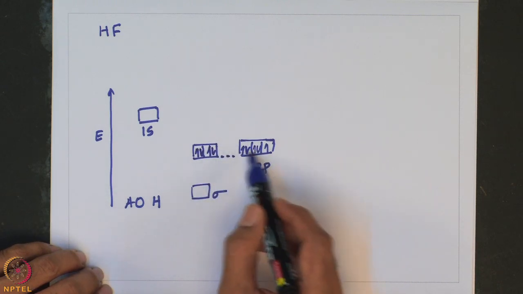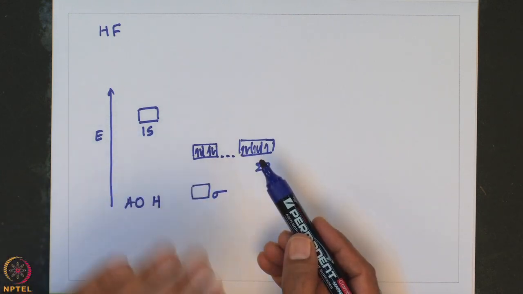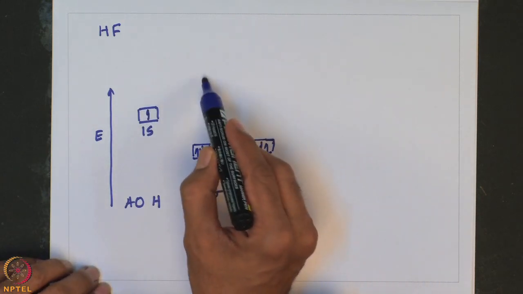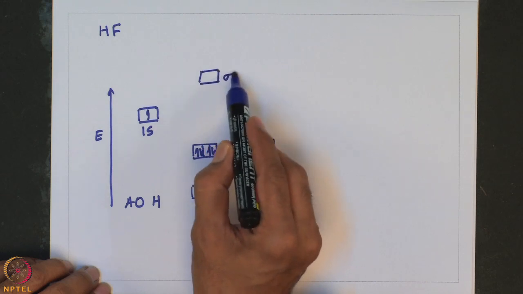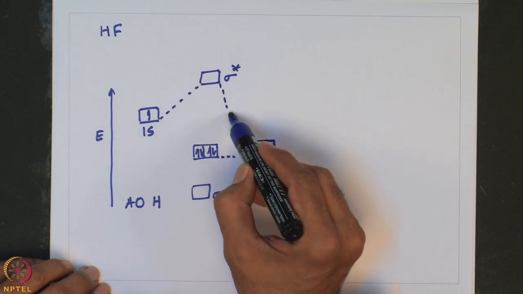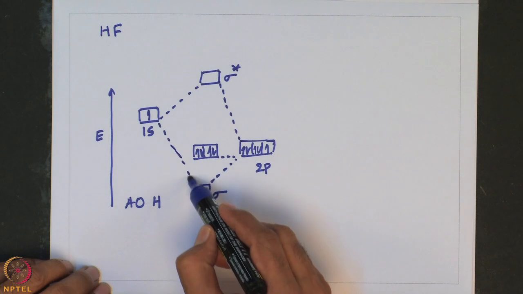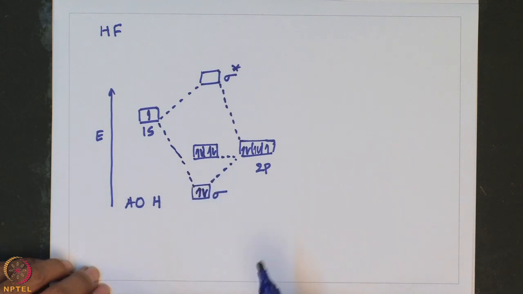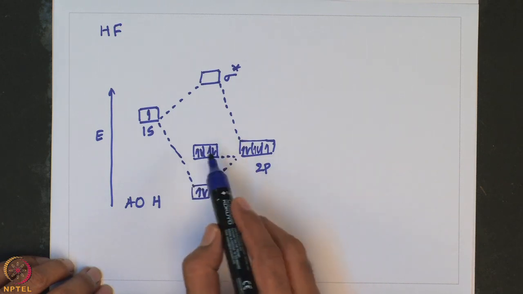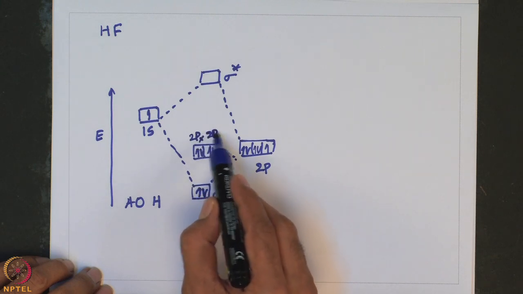That is the reason there is no net change in the energy compared to the free fluorine atom. And then here we have sigma star. So, here 2 electrons are there, and this is essentially 2px, 2py.